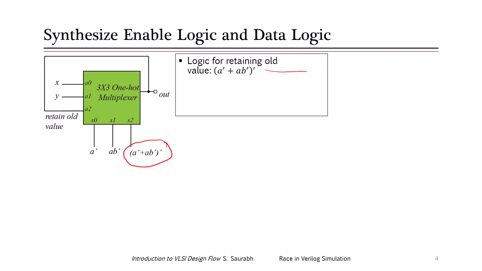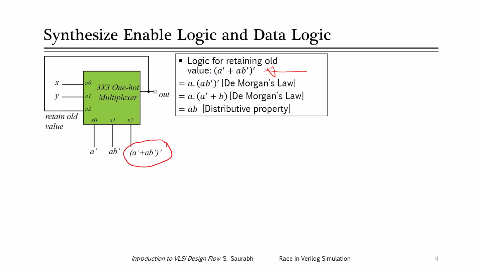We can simplify this function by applying De Morgan's law two times and then using the distributive law. (A complement + AB complement) whole complement is nothing but AB. Basically it will be true when both A is equal to 1 and B is equal to 1.